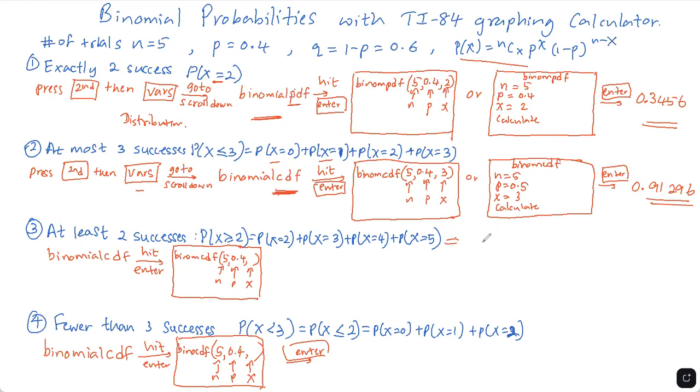Instead of this one, let's consider, so this one equals the total probability minus the complement set. The complement set is x less than 2, right? So 1 minus probability x less than 2 can be written as x less than or equal to 1, right?